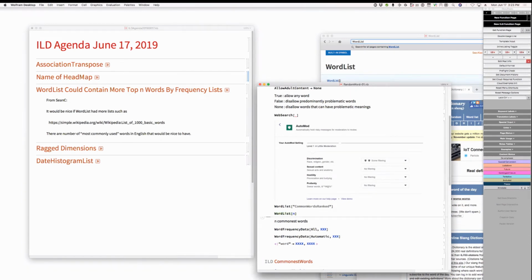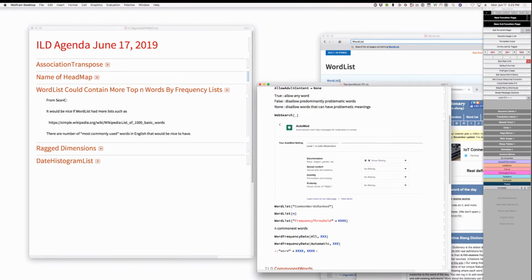It would also be interesting if we could say WordList with something along the lines of a frequency threshold, and give a pair so that if you're interested in more rare words, you can say from 1,000 to 2,000.